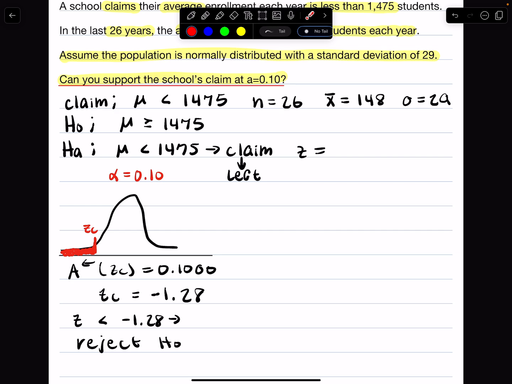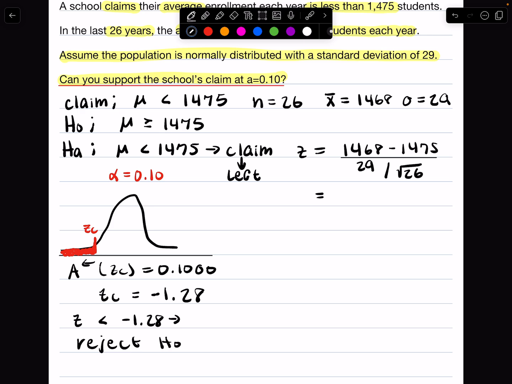Again, you should know that formula by heart at this point, which is 1468, minus 1475, which is the population mean, divided by the population standard deviation, which is 29, divided by the square root of the sample size, which is 26.